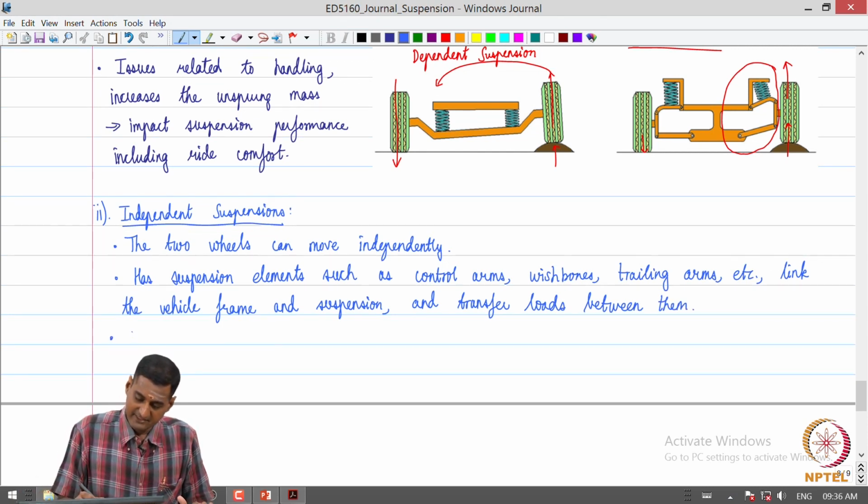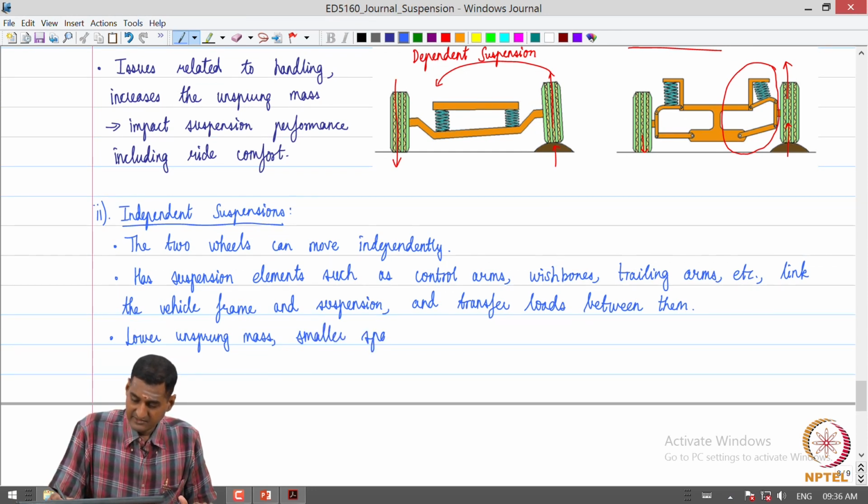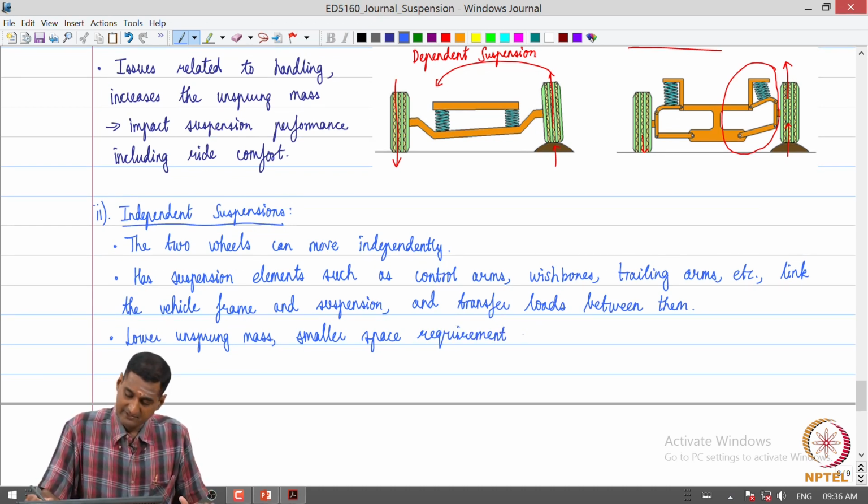So, what are the advantages? Advantages include lower unsprung mass. We will shortly see that we require a smaller space, which becomes important when we want to mount these suspensions on the drive axles, or the driven wheels.